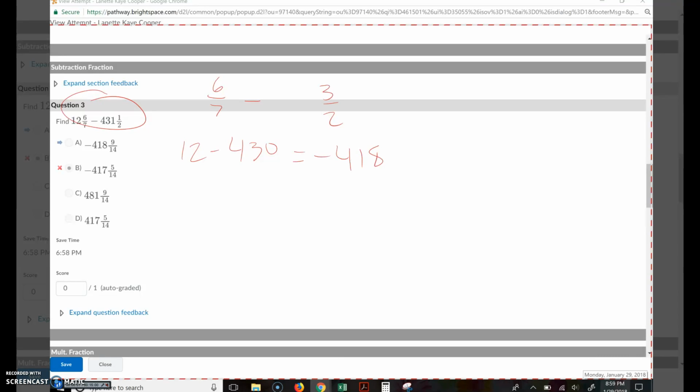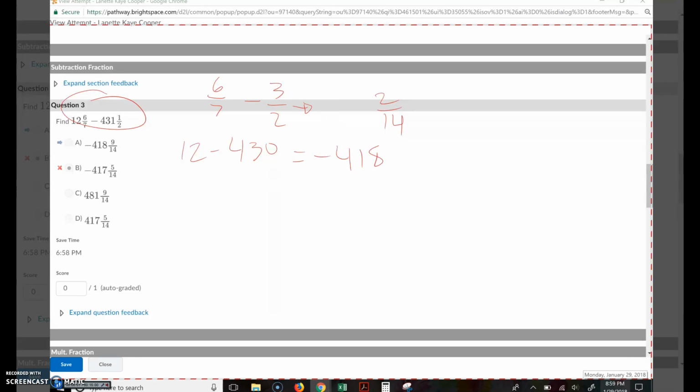Okay, so we need to get a common denominator, and so what we're going to do is multiply everything here by 7 and everything here by 2. That way 7 times 2 on the bottom, if you do 7 times 2, that's 14. So we're going to have 7 times 2 is 14 on the bottom, 7 times 3 is 21 on the top. I'm going to scoot this over here.